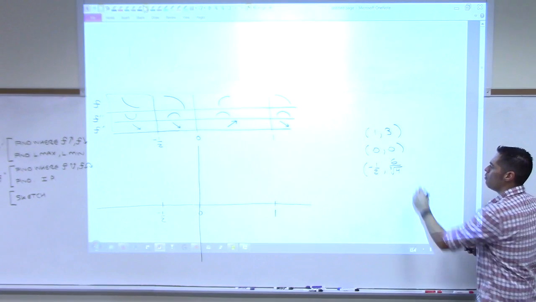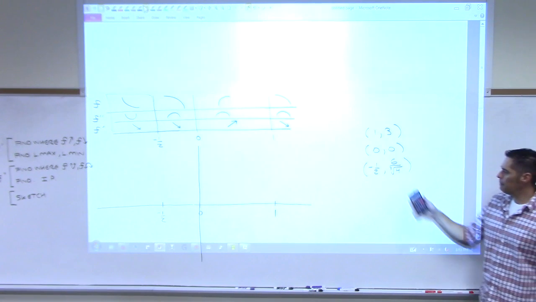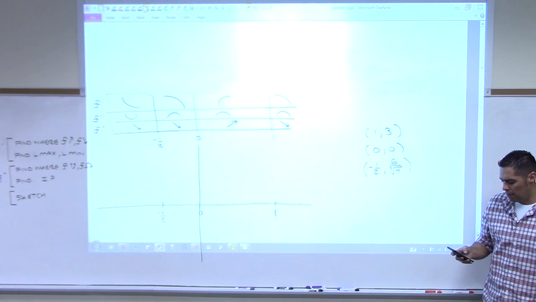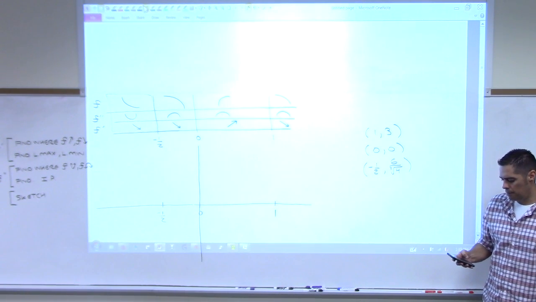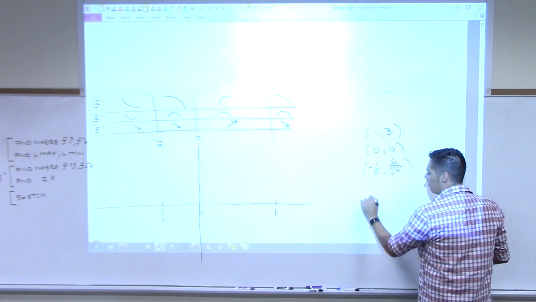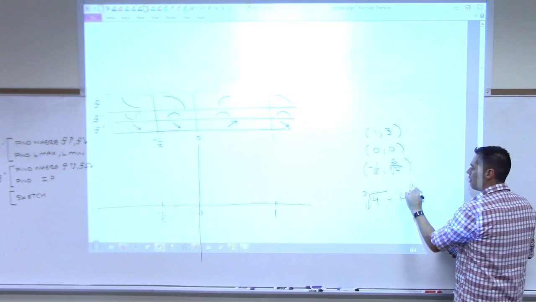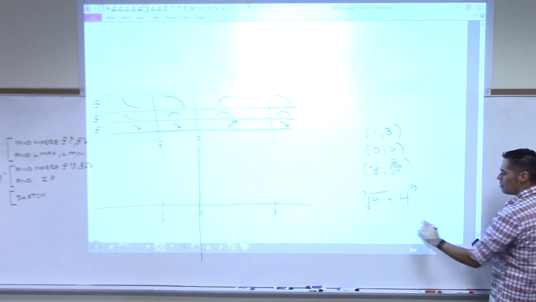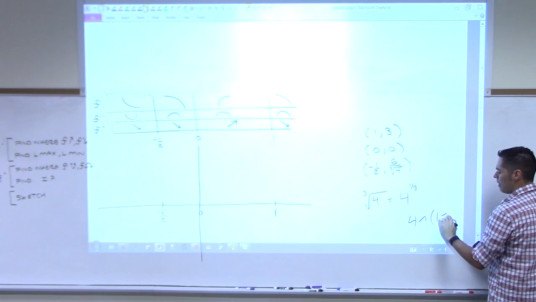I'm going to break my calculator out. I'm actually going to figure out what that is. So I'm going to take the cube root of 4 on my calculator. Do y'all know how to take a cube root? If you want to take the cube root of 4, it's the same as raising 4 to the 1/3, right? So you can use 4, then the caret key, and then, very important, in parentheses, 1 divided by 3.